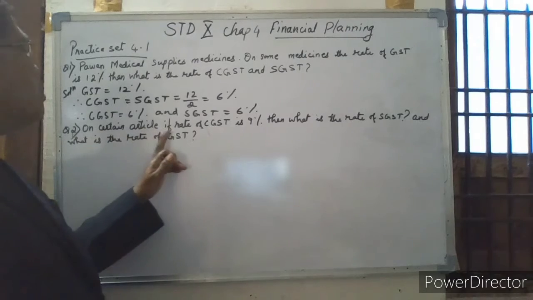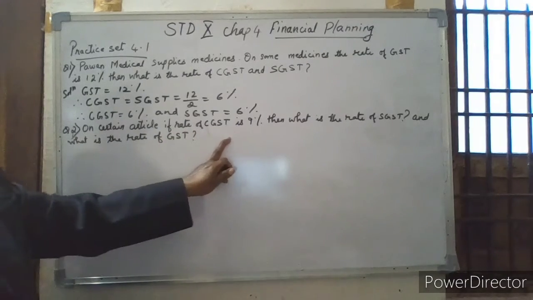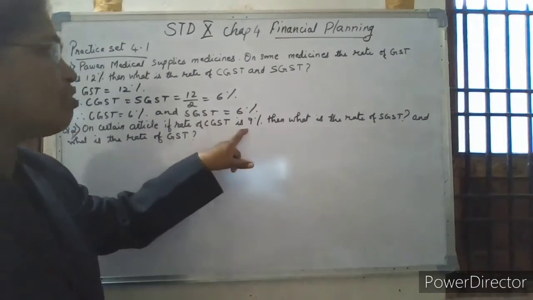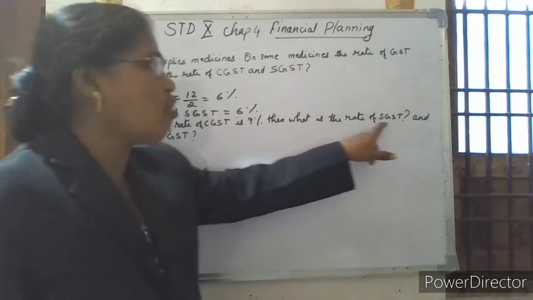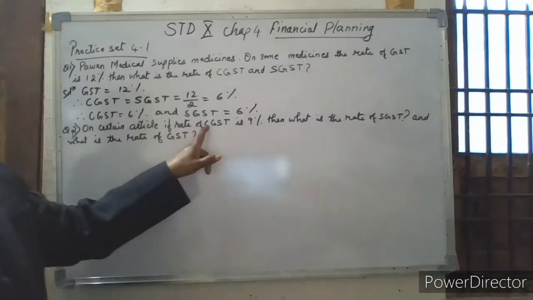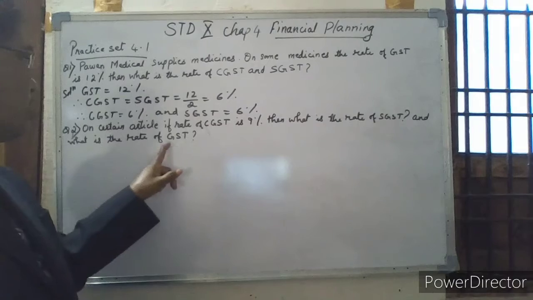On certain articles, if the rate of CGST is 9%, then what is the rate of SGST and what is the rate of GST?